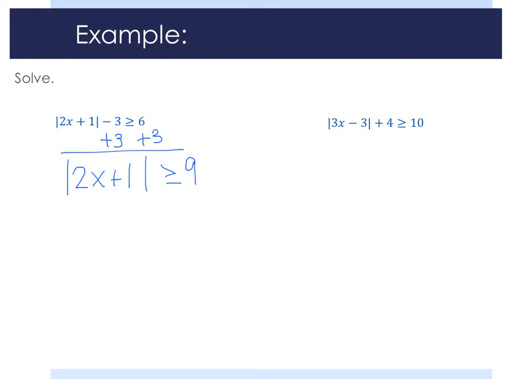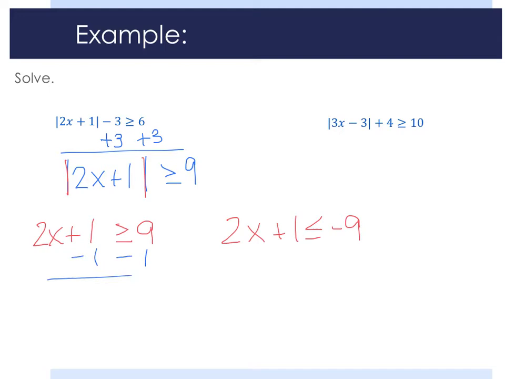So now that I have that isolated, now I'm going to form my two inequalities. 2x plus 1 is going to be greater than or equal to 9. The other one will be 2x plus 1 is going to be less than or equal to negative 9. Again, I got to flip the switch.